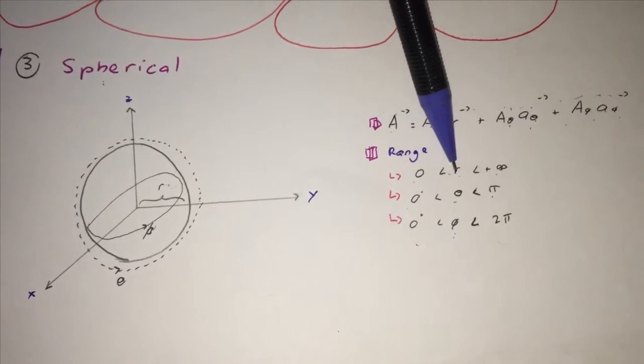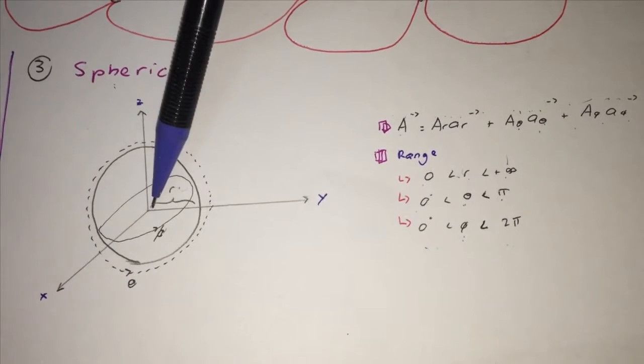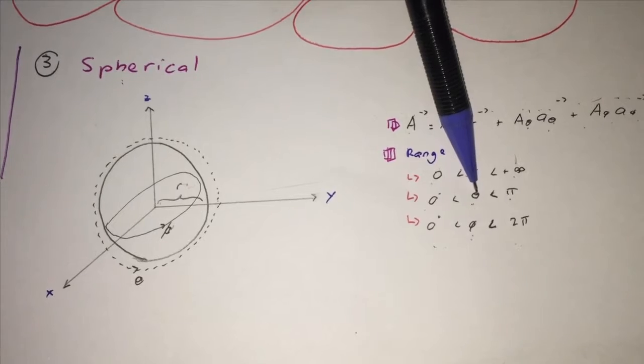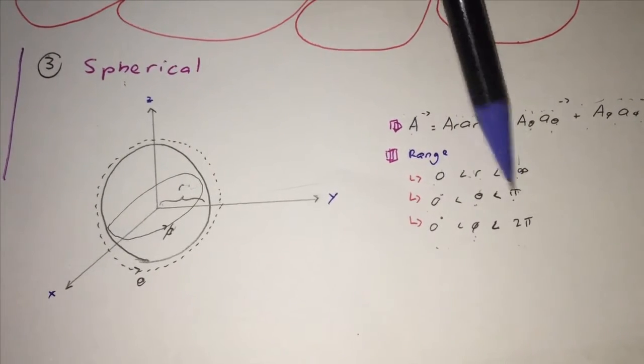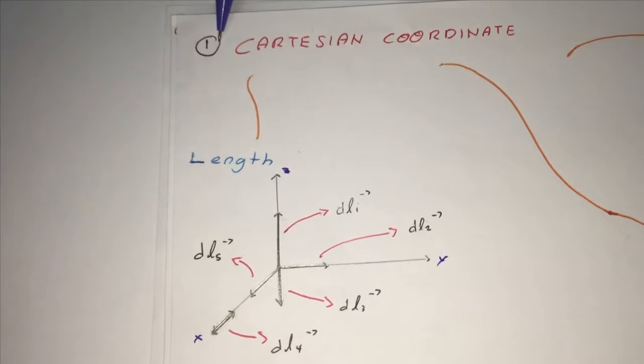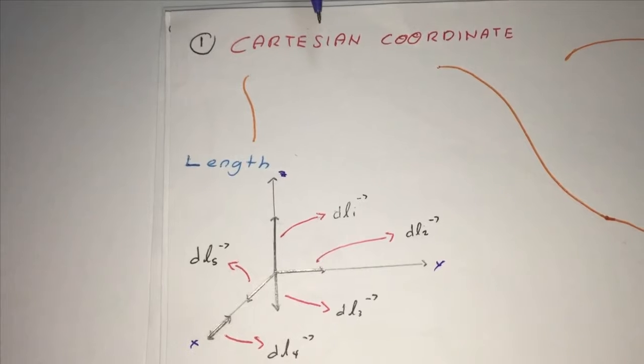For the range of r, 0 to positive infinity. For theta, 0 to pi, and for v, 0 to 2 pi. Okay, we will move to the other point, which is differential for length, surface and volume.